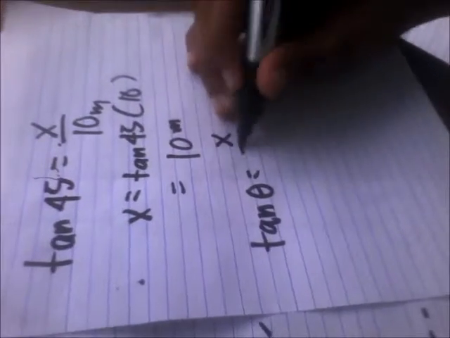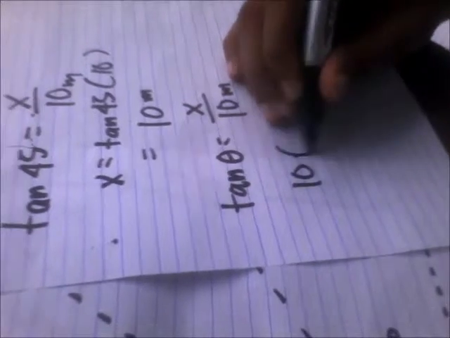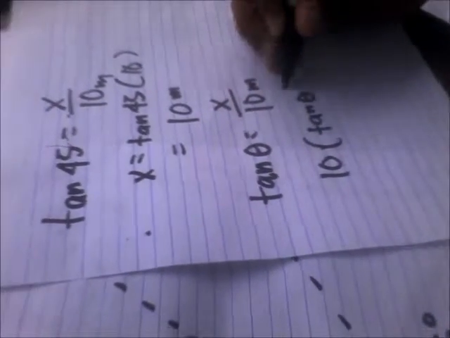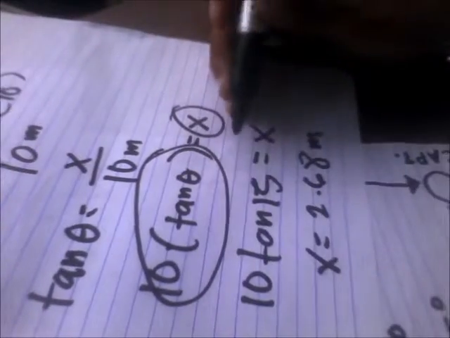Tangent of theta is x over 10 meters. 10 meters is constant, so x is equal to 10 times the tangent of theta. So with 15 degrees, x is equal to 10 times the tangent of 15, so x is equal to 2.68 meters.